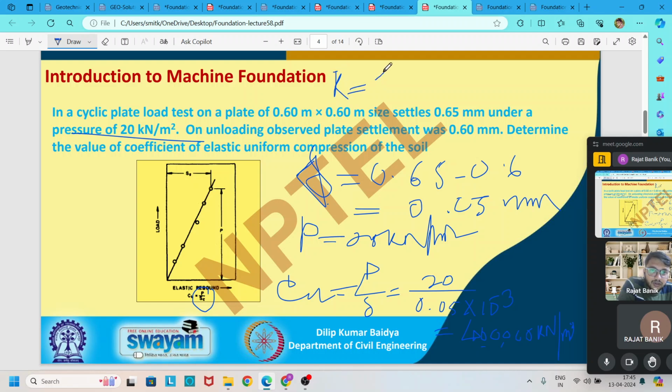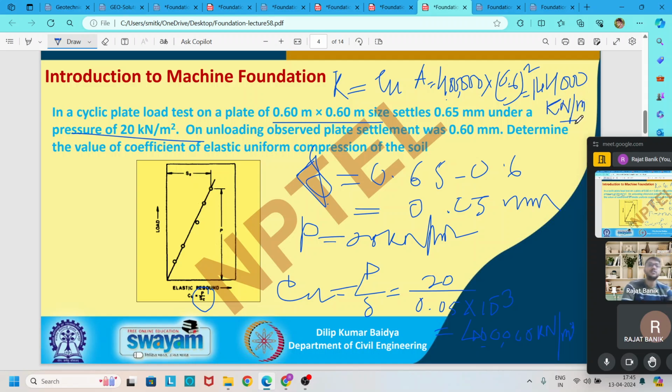So K, we know, is Cu into A, the area of the foundation. Cu here is 4 lakh, and the area of the foundation is 0.6 square. So the answer is 1 lakh 44,000 kilonewton per meter.